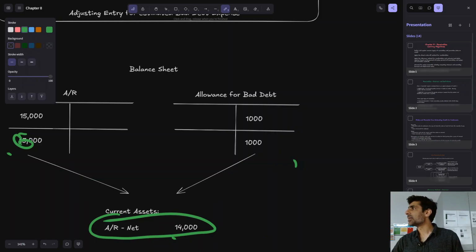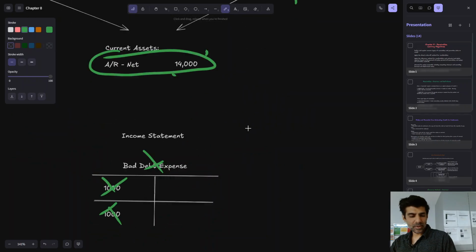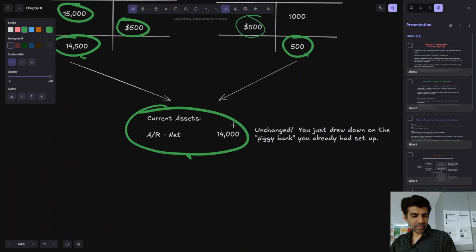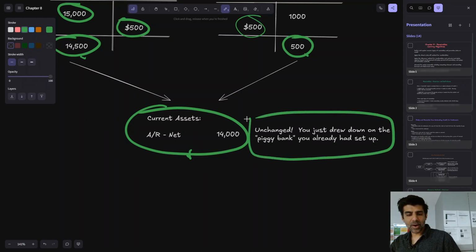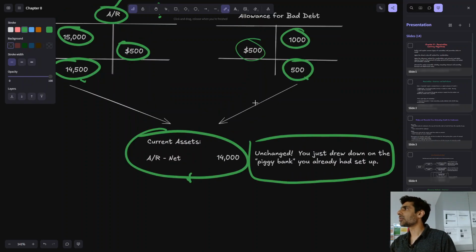We already reduced it here. So when things actually play out the way we thought, it's not unexpected. It's already baked into here. So yes, this makes sense because we just drew down on this piggy bank. We already set up losses of $1,000, and now we're actually using that piggy bank.